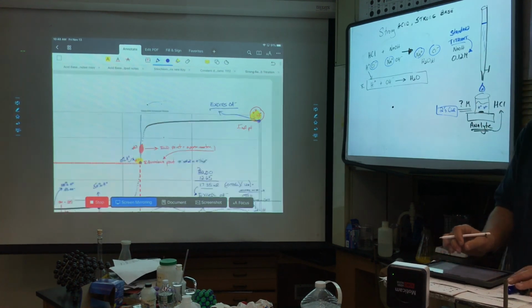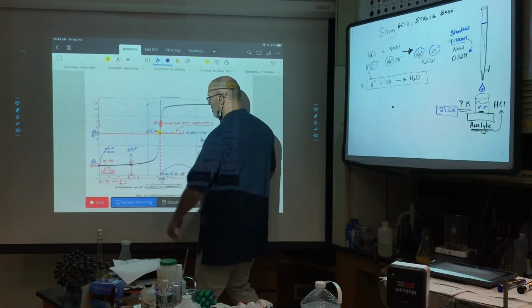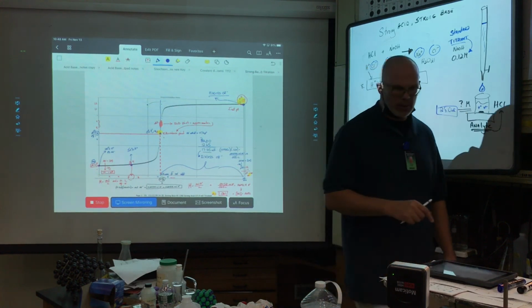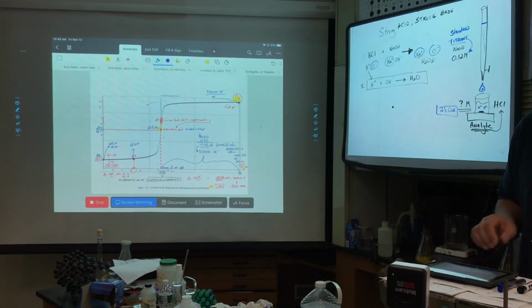All right, and that's what we'll talk about. These will make more sense when we get to other titrations, especially the weak acid, strong base that you're going to be doing next.